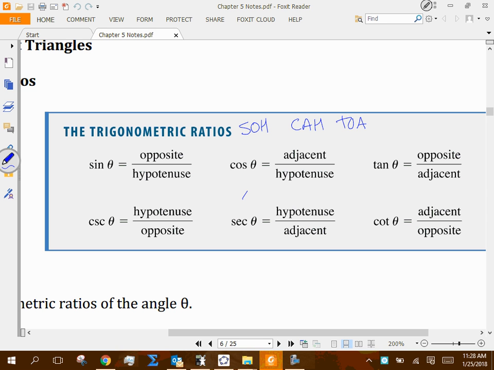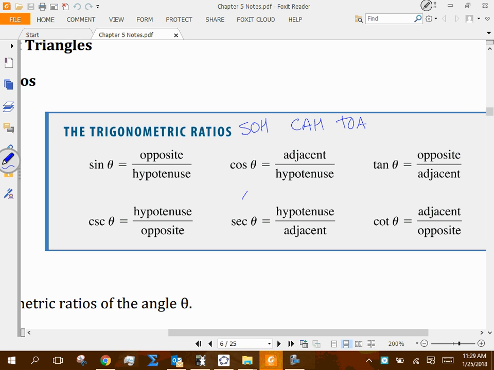Any two right triangles that share an angle other than the right angle are going to be similar triangles. If you remember back in geometry, we had angle similarity, which said that if any two triangles have two congruent angles, then their side lengths are proportional.